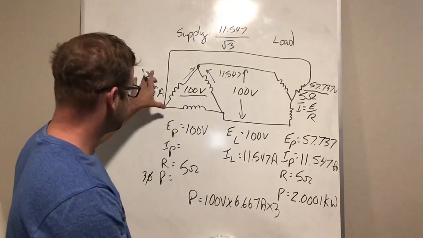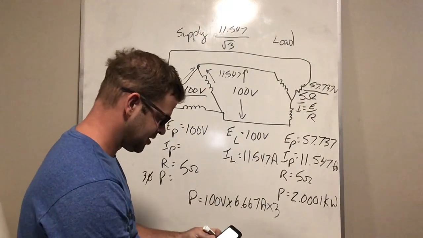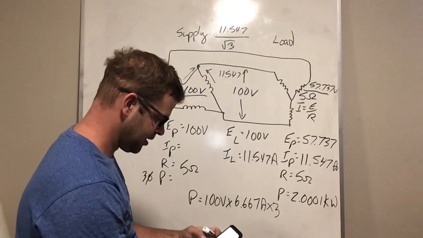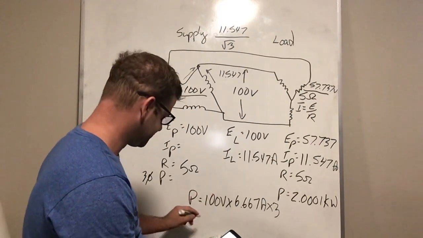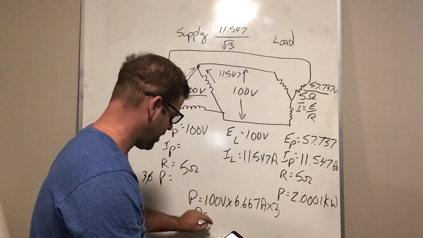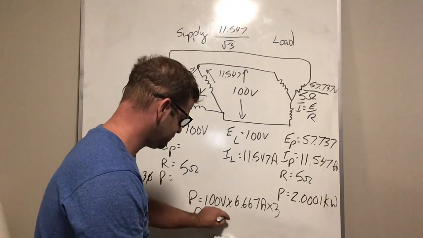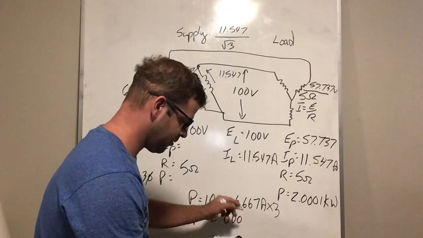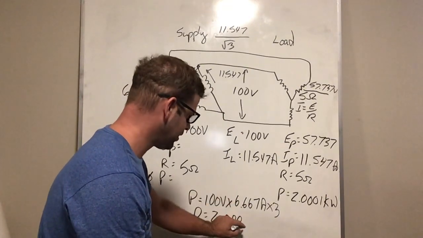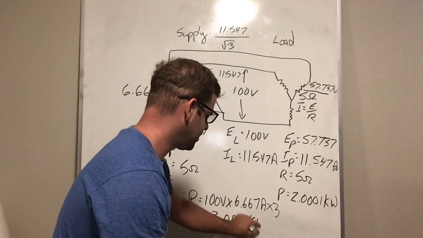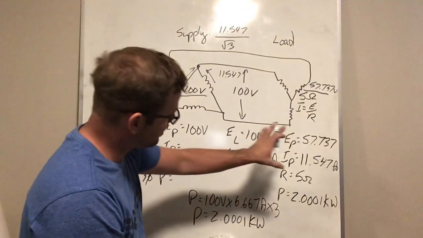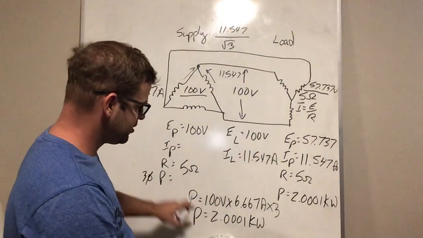So we're using our phase values here. So we take that times 100 times 3, and we get a power of 2,000, or if we round, 2 kilowatts. So it doesn't matter if you calculate there or calculate there, you should get the same power.